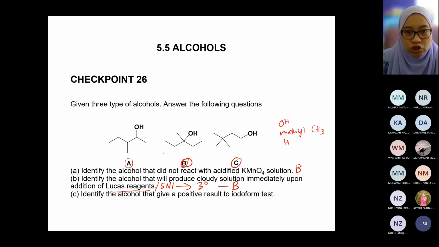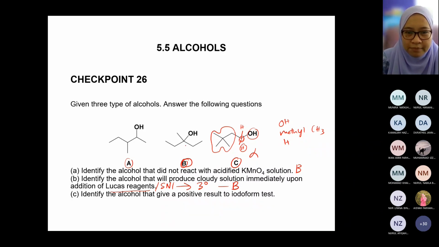So we have to check each one of them. How about this one? This one actually has hydrogen, right? We have OH, we have hydrogen, but do we have a methyl attached to this carbon? No, we don't. But we have this bulky group. So it's not included in the iodoform test requirement. So C is out.